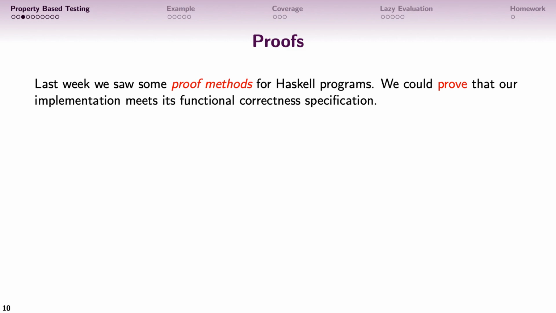Because if we have a machine-assisted proof, it can check the proof for us, so it's nearly impossible to make a mistake, and we can reduce the tedium. And so therefore we can guarantee that the software that we have proven the property about definitely satisfies that property.